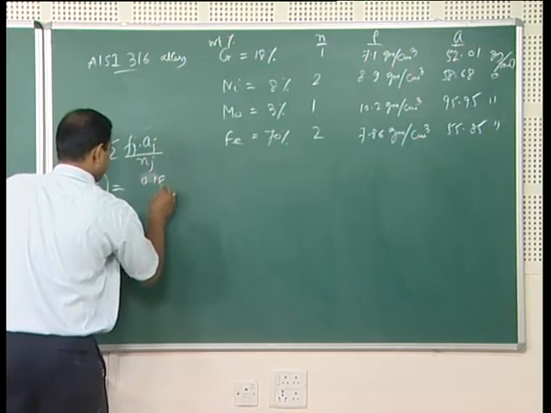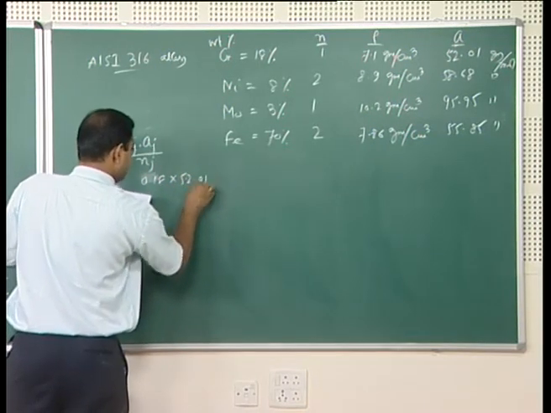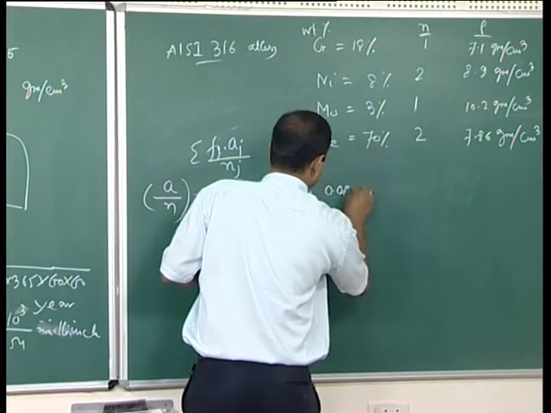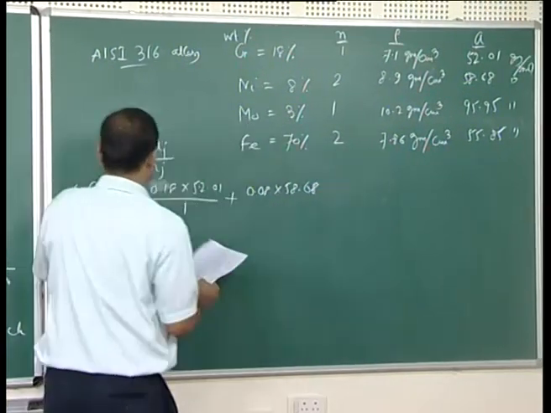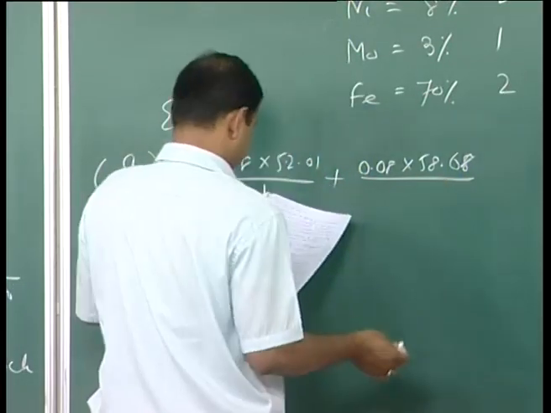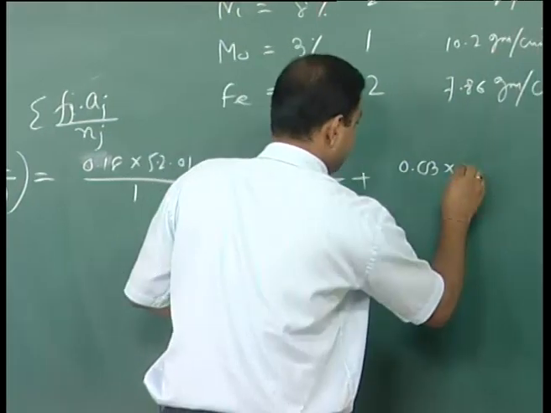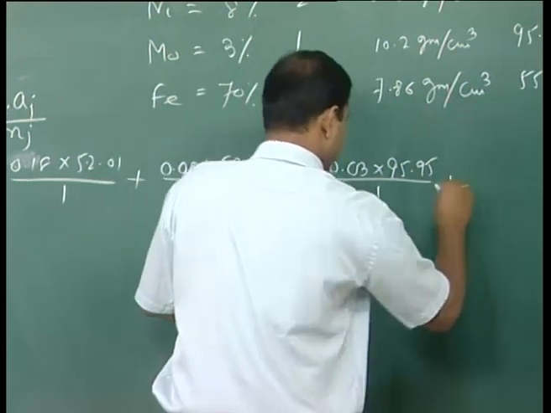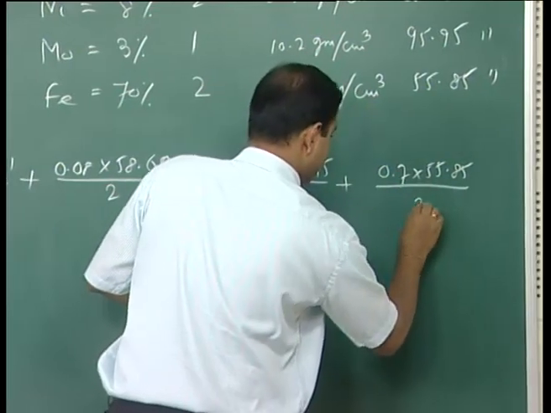So, 0.18 for chromium, it is 0.18 into 52.01 by 1 plus 0.08 into 58.68 by 2, because this is percentage, so you have to divide with 100, plus 0.03 into 95.95 divided by 1 plus 0.7 into 55.85 by 2.